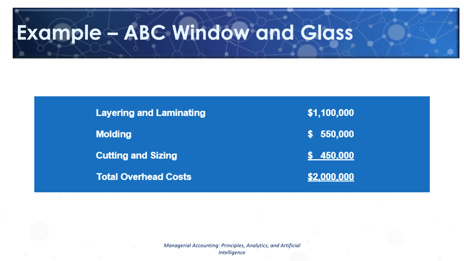In this case, they have three activity cost pools: layering and laminating, molding, and cutting and sizing. And the overhead costs that are associated with the various activities are attributed to those three activities. And you can see the costs have been attributed $1.1 million to layering and laminating, $550,000 to molding, and $450,000 to cutting and sizing.